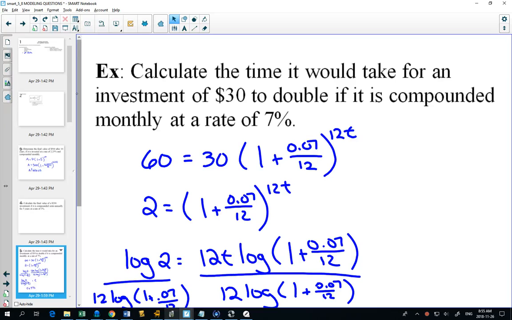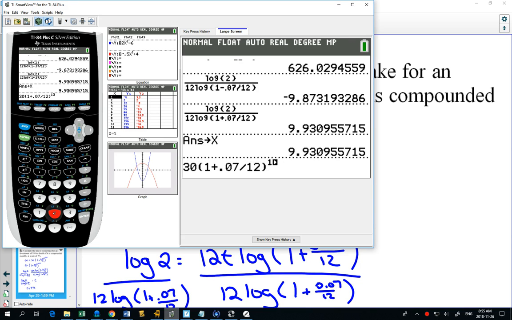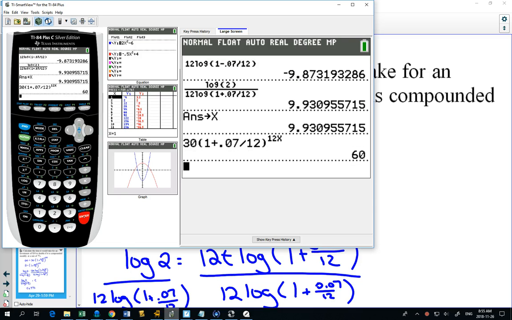So my original equation on the left side is 60. On the right side is 30. I'm going to go 30, bracket 1 plus 0.07 divided by 12, bracket to the exponent of 12, and I'm going to plug in x. If this is equal to 60, then we know that our answer is correct. Yes!